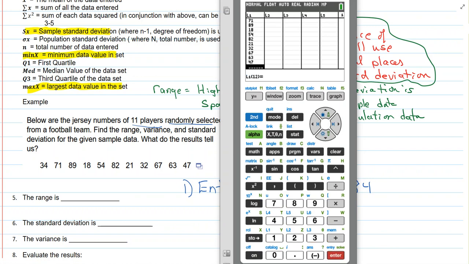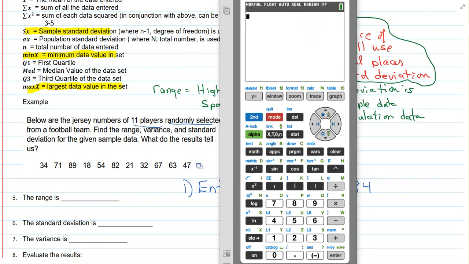So I should be at 12. I am. I'm going to double verify that I didn't omit any numbers. Now, I've got an 18. That looks very low, but okay. So now I have it. Okay. So I'm going to do a second quit to get on my home screen.